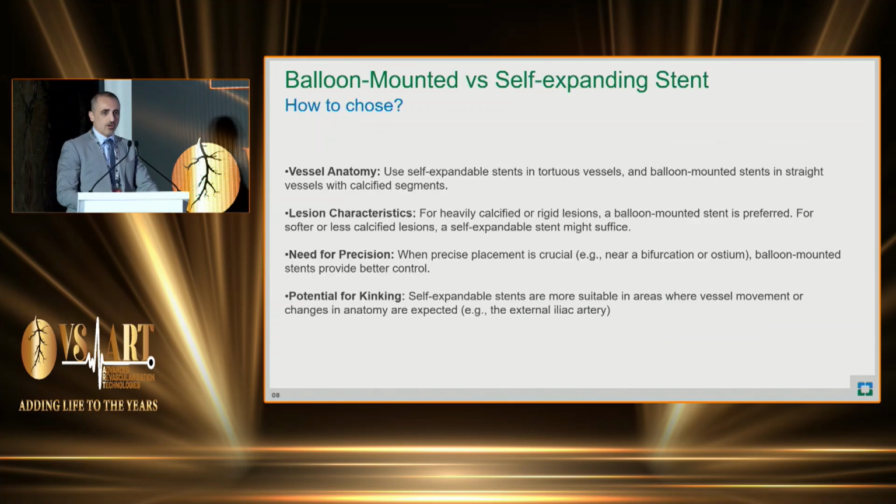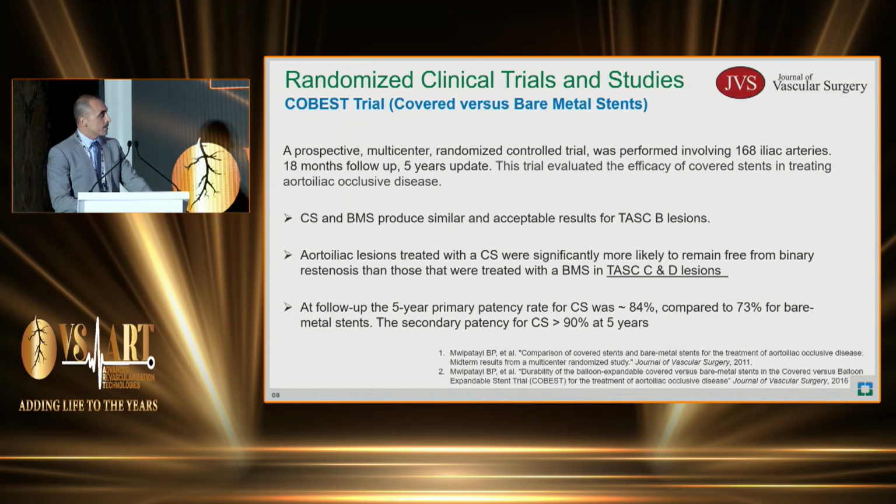So in general, how do we choose based on vessel anatomy? When we have a tortuous vessel like the external iliac artery, or potential for kinking, again in the external iliac artery or Hunter's canal in the femoral artery, we go with the self-expandable one. However, when we work with heavily calcified vessels or need precision, like at orifices, we use balloon-mounted ones.